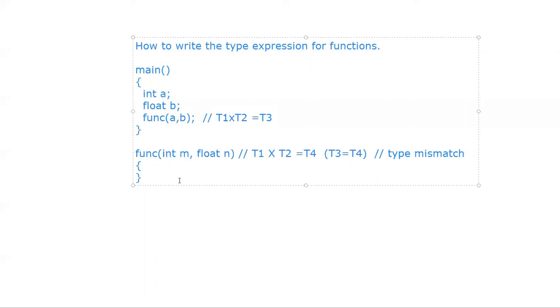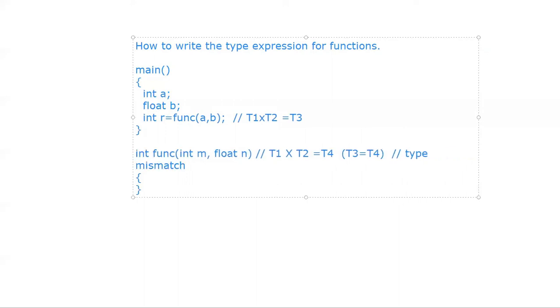Now let's take an example. Your function's return type is, suppose, integer, which means my function is returning some value. I'm returning something from this function, and suppose we are returning some value here. What should be the expression for this particular line?